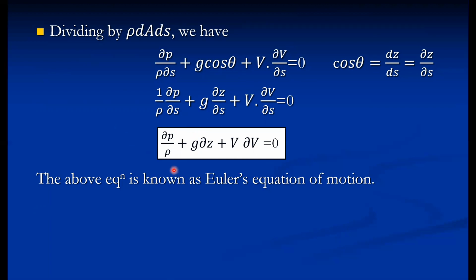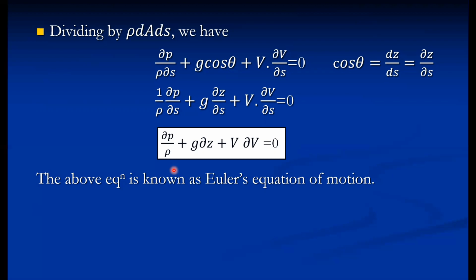While deriving Euler's equation of motion, once again I revise. We considered a cylindrical element which makes angle theta with the line of action, that is vertical. Only two forces are considered: pressure force and gravity force.